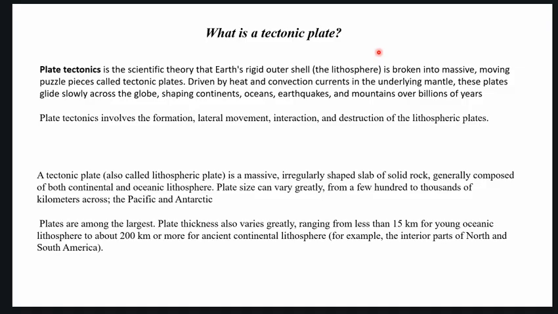The tectonic plates are massive, irregularly shaped slabs of solid rock that make up the rigid outer part of the lithosphere. They form like a jigsaw puzzle. When you put them against each other, you can see that they used to be together.